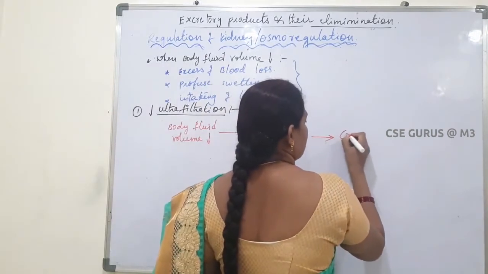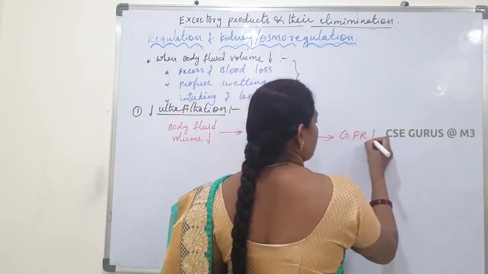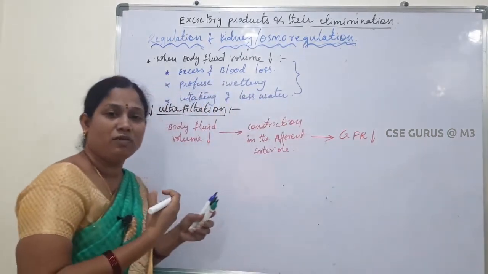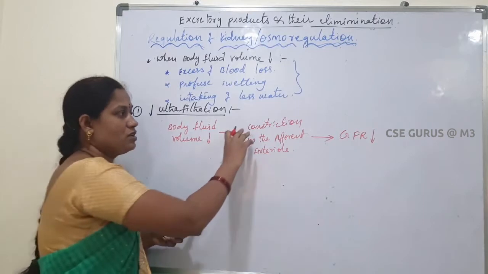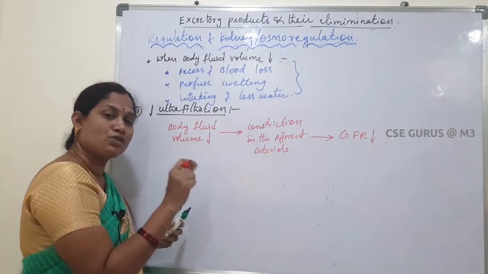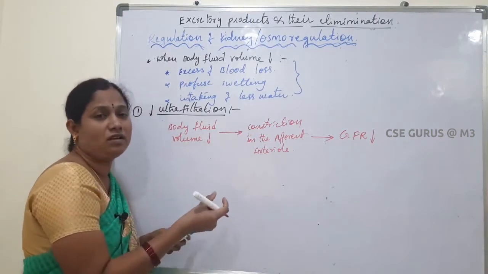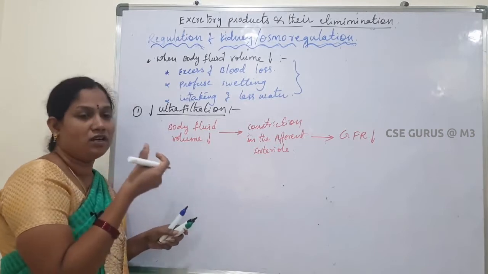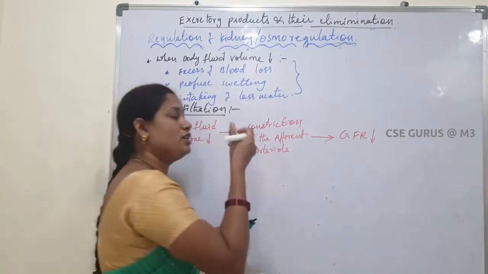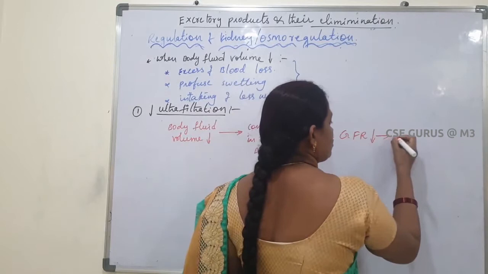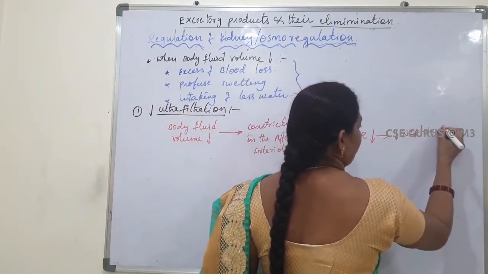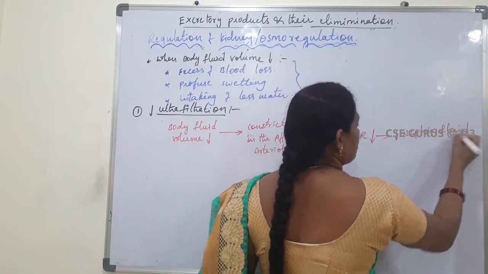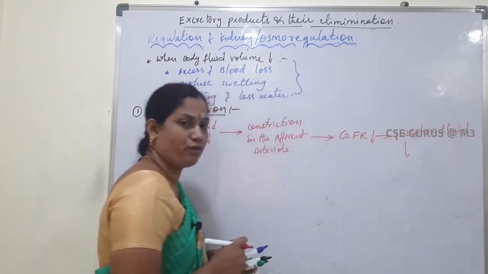The glomerular filtration rate is decreased, which means blood flow to the glomerulus is decreased. That's why less nephric fluid is formed.